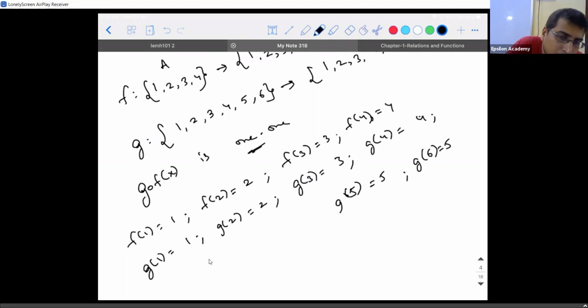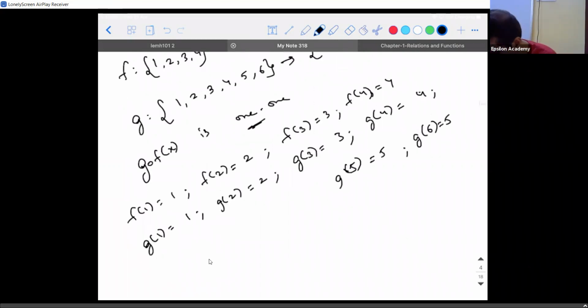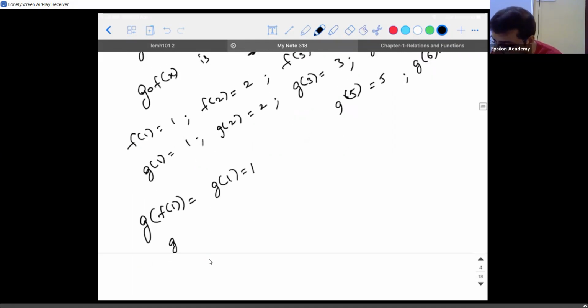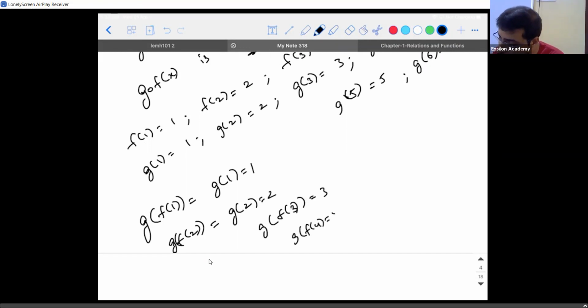Will I still be able to define g circle f? Now what is g of f of x? Tell me. g of f of 1 is g of 1, which is 1. What is g of f of 2? 2, sir. And it goes until 4.